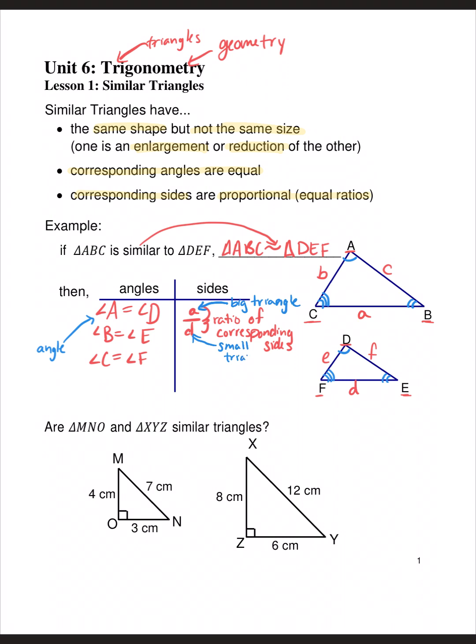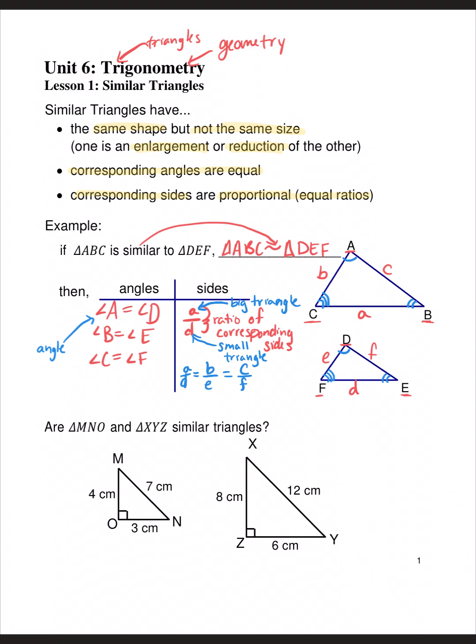And we could write this proportion statement for all the corresponding sides, recognizing that if we have A over D, that should equal the same as the ratio of the other corresponding sides. So we also have, that should be equal to B over E, which should be equal to C over F. So the ratios of those three pairs should all equal each other.